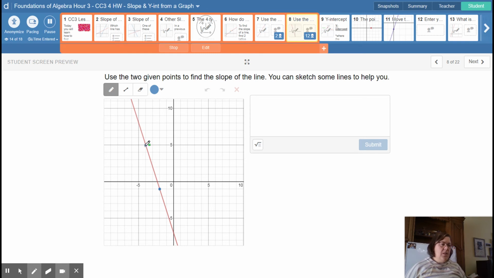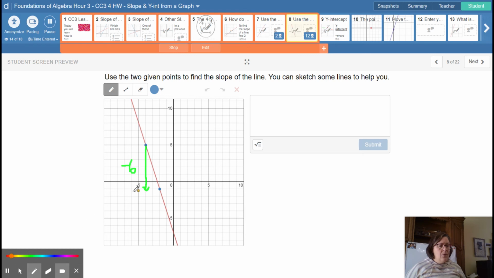So I am actually going to start at this lattice point, and then I am going to go down. And I'm just going to put the little arrow at the end of my line to remind myself that I'm going down. And when I go down, it means that number has to be negative. And when I count, it's 1, 2, 3, 4, 5, 6. So when I go down 6, my rise is -6.